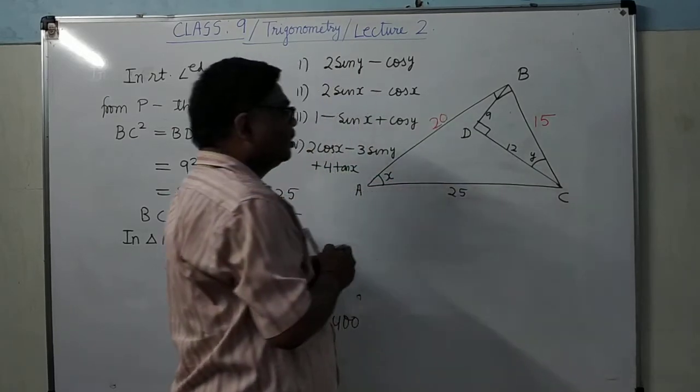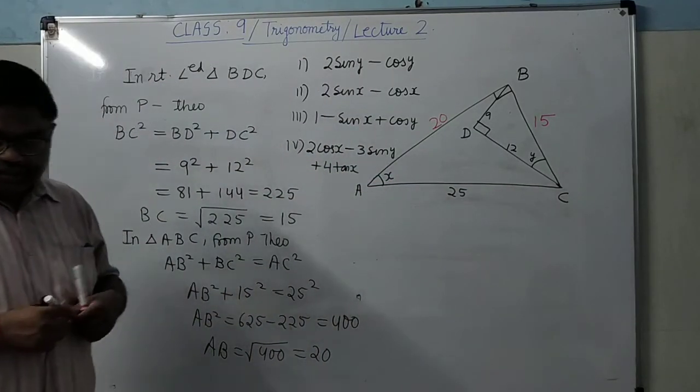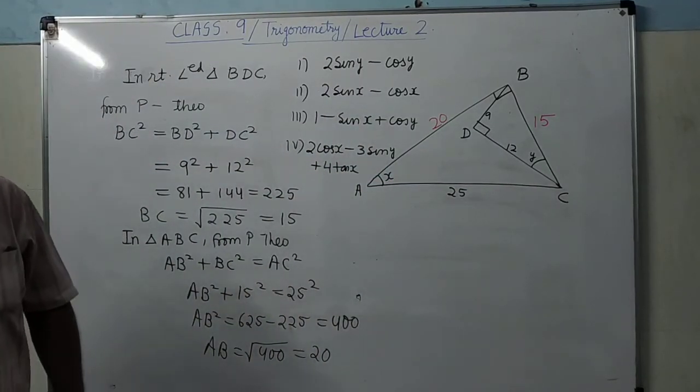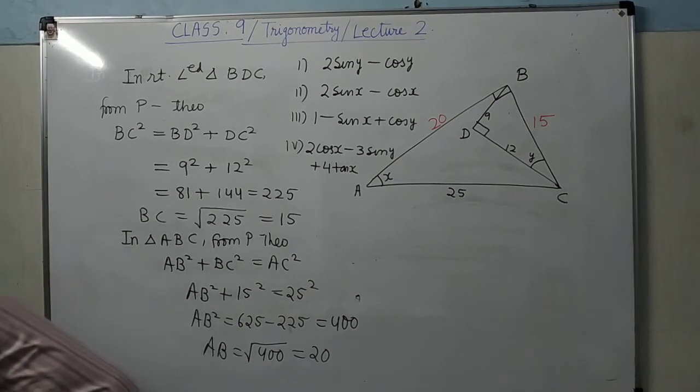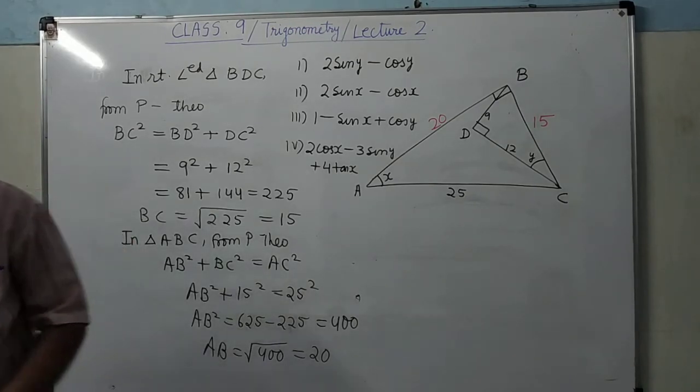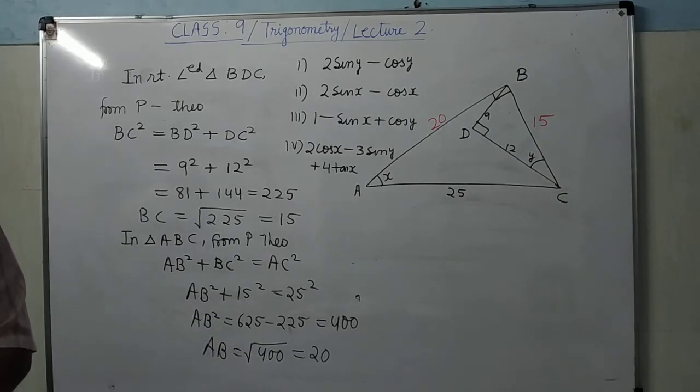Now all the three sides of both the triangles are known to you. Now see here, how will you determine the first part?